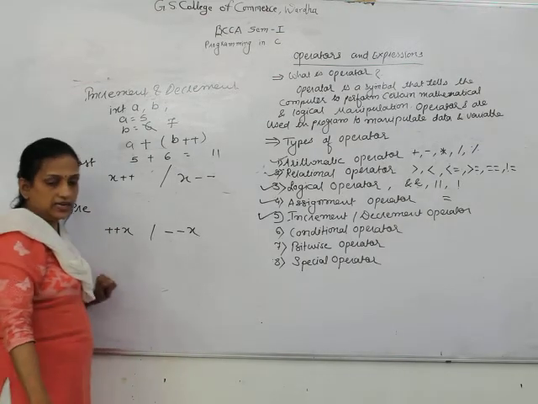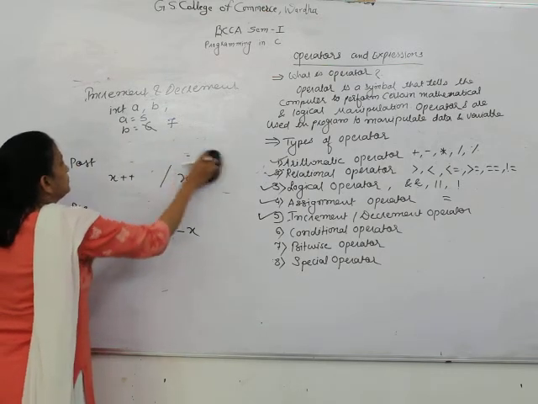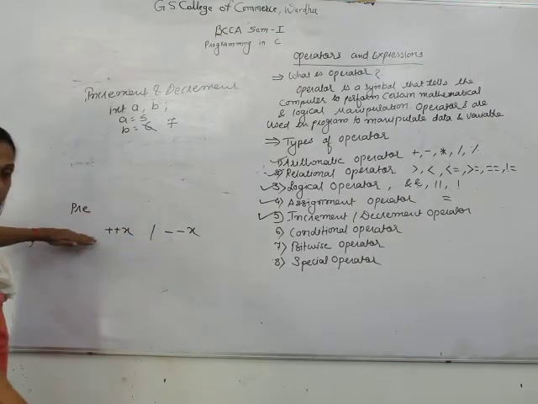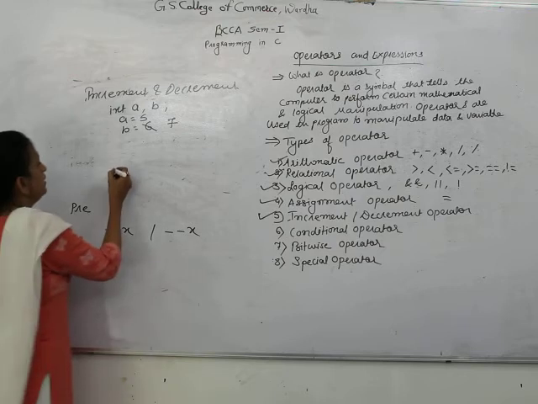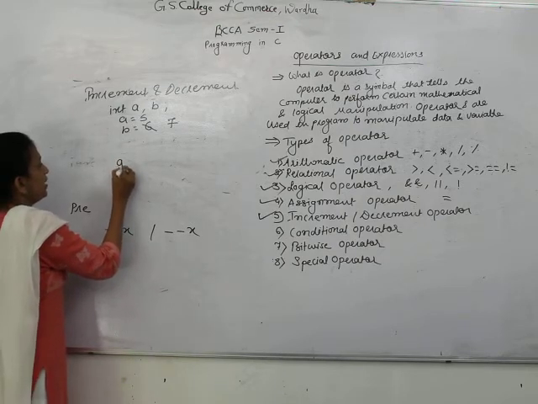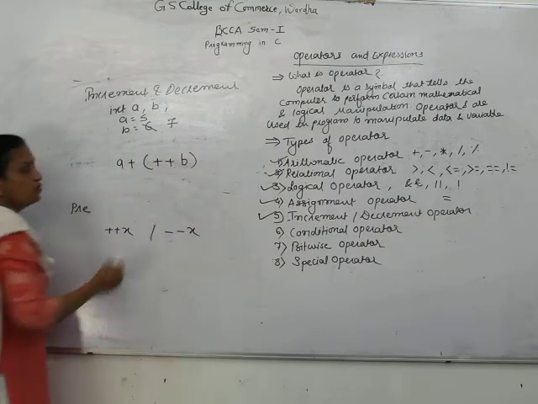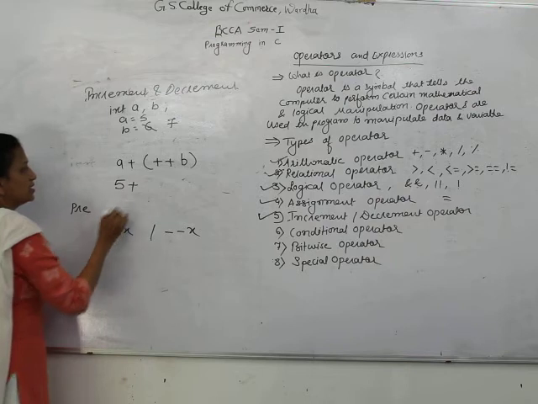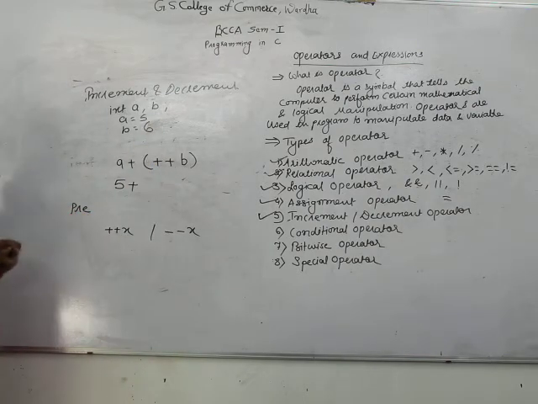Similarly, take the same expression with pre-increment: a plus plus plus b. The value of a is 5 and the value of b is 6.